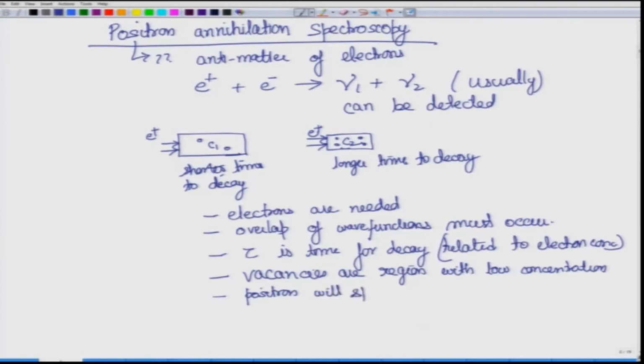Positron will spend more time in these defects. And because of this, the average decay time which is tau will increase.